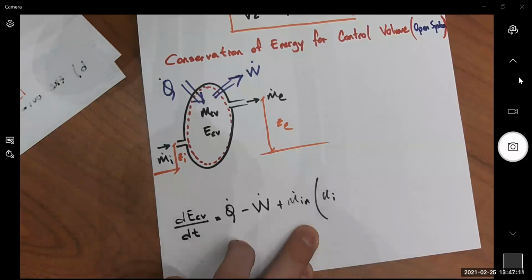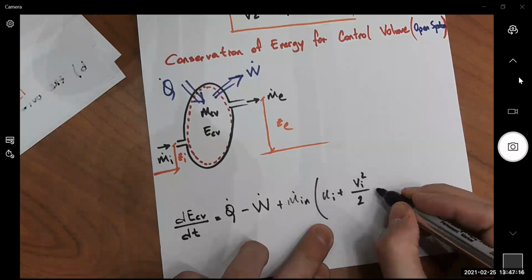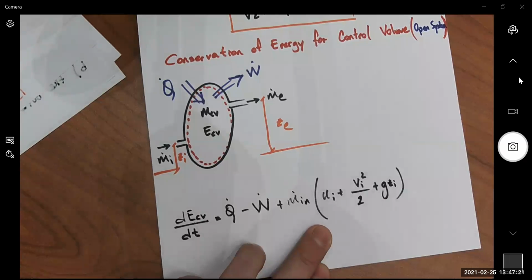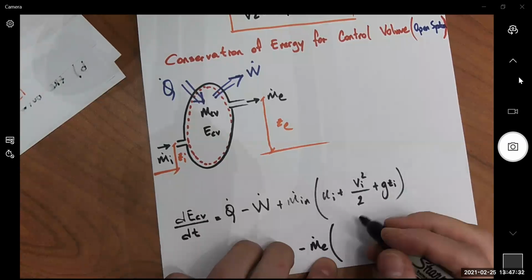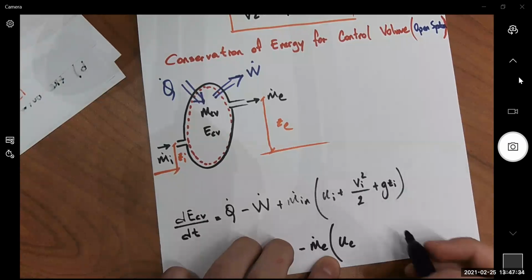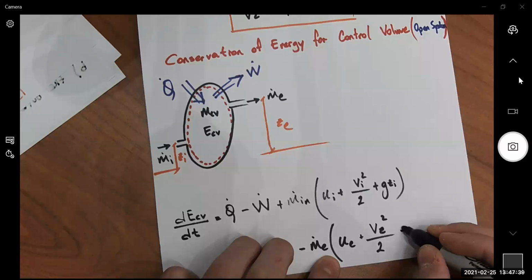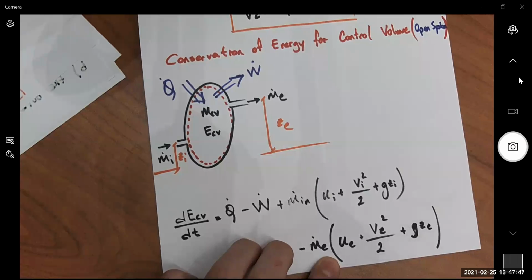So internal energy plus kinetic energy plus potential energy. Minus mass flow rate at the exit, internal energy at the exit, plus velocity at the exit, kinetic energy, plus g gravity times elevation.